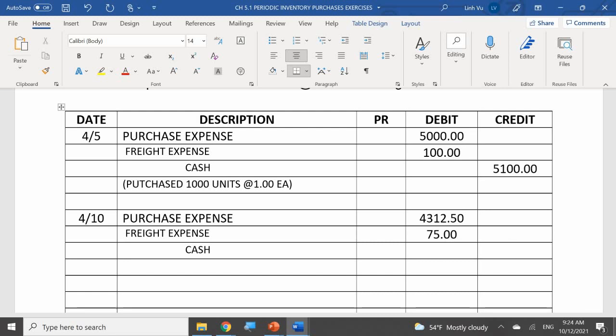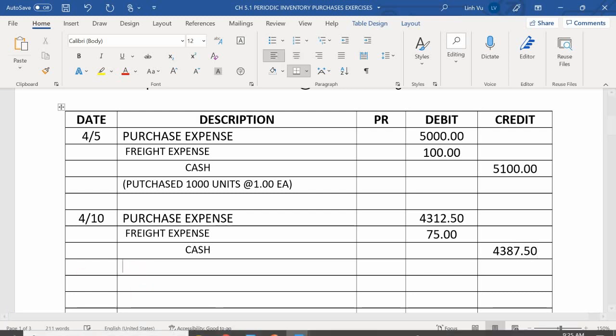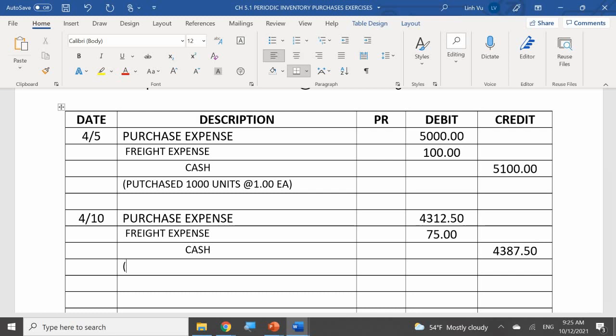How much was my grand total that I paid in cash? It would be 4,387.50. Good. All right. And of course, I can make my note here saying that I purchased 750 units at $5.75 each. Okay. Good.